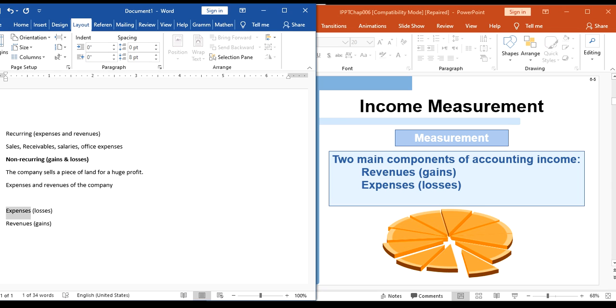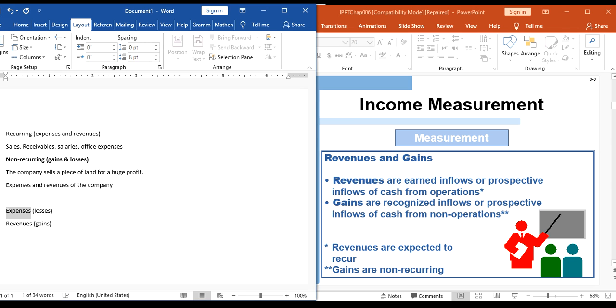Okay, so here are the two main components of accounting income: revenues or gains, and expenses or losses. So what are these telling us? Revenues are expected to repeat in the future, and these are the source of in-cash flows from the operations.